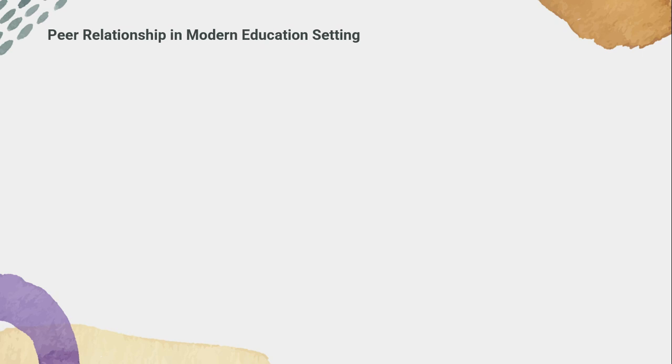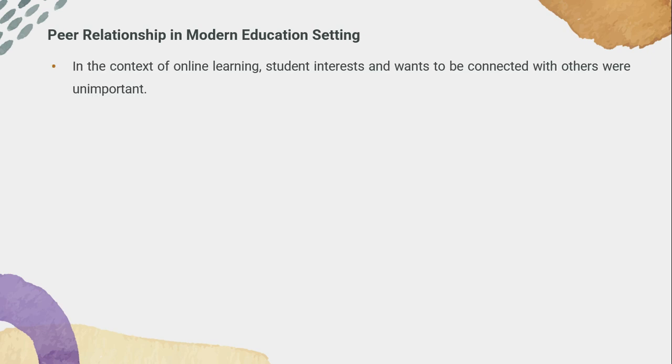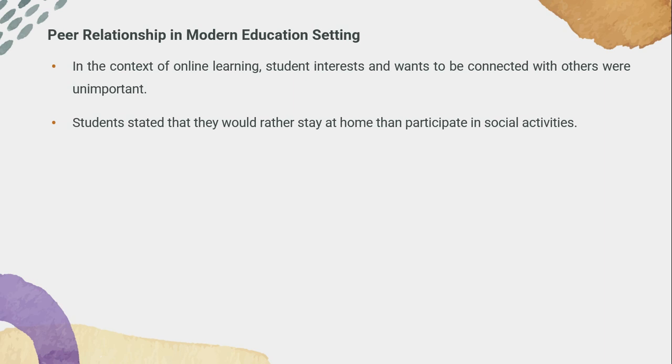Next, peer relationship in modern education settings. So in the process of online learning, relatedness was found to be insignificant.